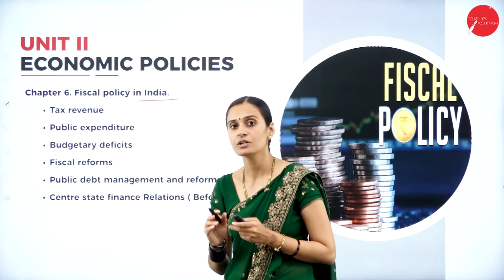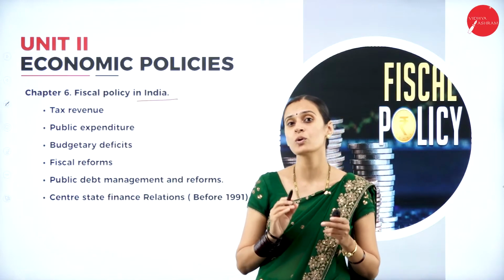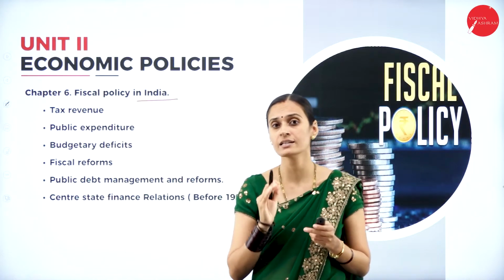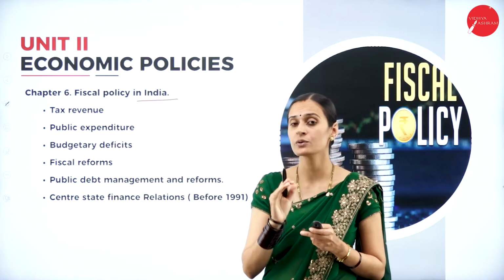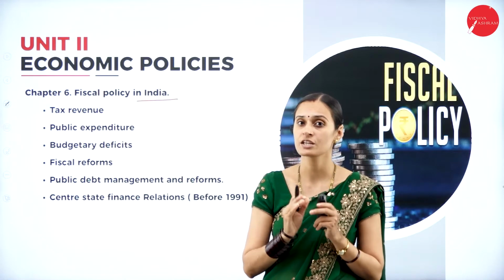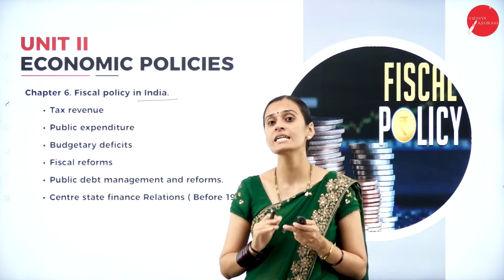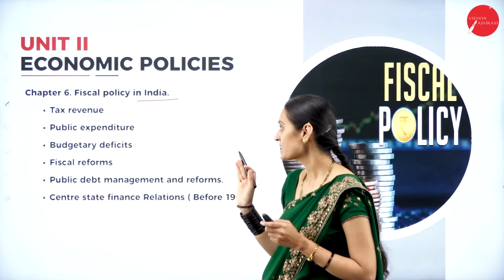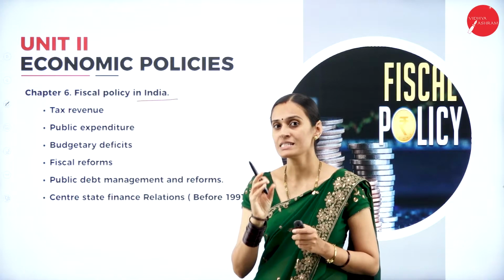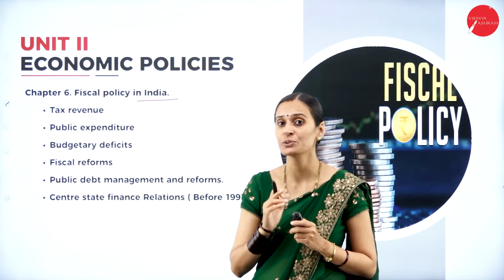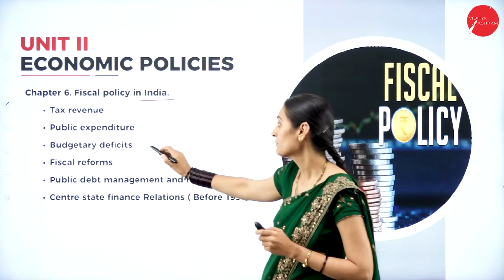In this chapter we are going to discuss tax revenues, the different types, direct tax and indirect taxes, and also goods and service tax, GST. And next, public expenditure and its trends. And next, budgetary deficits, that means expenditure is more than revenues, so that is considered a deficit budget.